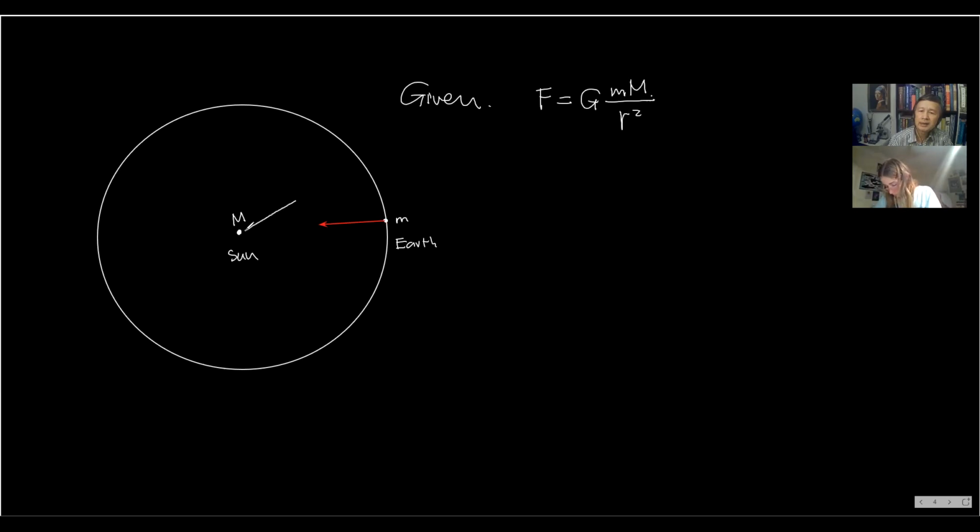R is the distance between the sun and the Earth. You can consider this the first formula. The other formulas are the same: centripetal force is equal to the mass of Earth multiplied by the velocity squared divided by R, equation 2.